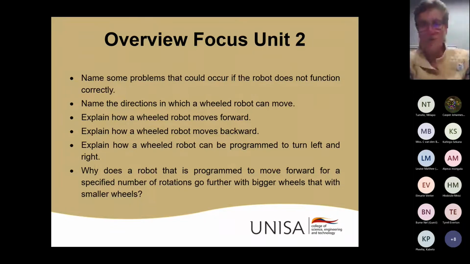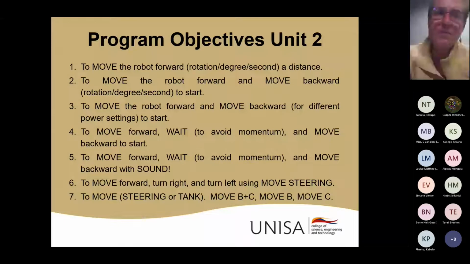All right. So again, for each of the objectives, you need to be able to move the robot forward. And there are 3 options: rotation, degrees, and seconds. It's a good example to say, go forward 3 rotations, go forward 3 degrees, and go forward 3 seconds. Then you mark it with maybe a piece of chalk on the floor that you're working on, and explain why one goes further than the other.